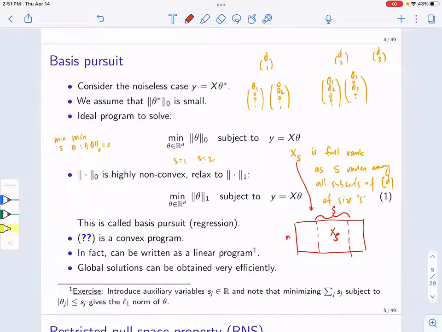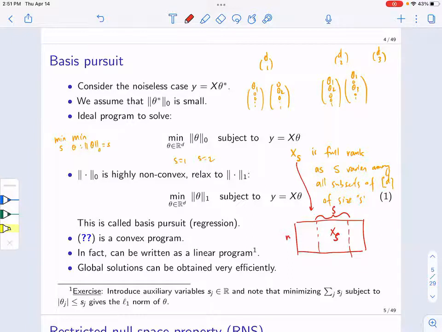This is a convex problem, and it turns out that the solution of this, under some conditions, is still going to be theta star. So you can recover theta star exactly if you minimize this. This is not obvious. The advantage is that it's a convex problem. It can be reduced to a linear program, and it can be solved very fast.